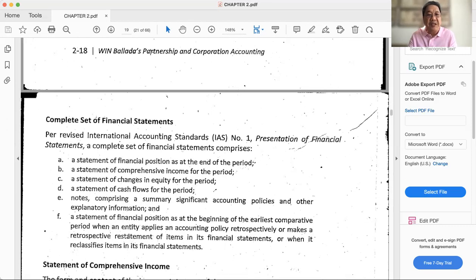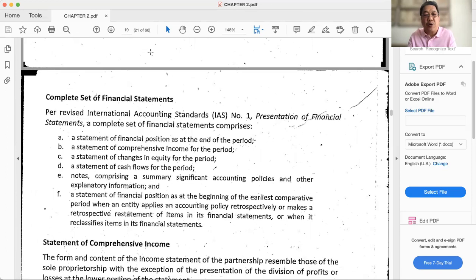What are the complete set of financial statement according to the International Accounting Standard or IAS? Statement of financial position at the end of the period, taunan yan ginagawa. Yan yung balance sheet as of what date. Statement of comprehensive income for the period, kung anong period, kung isang taon lang.